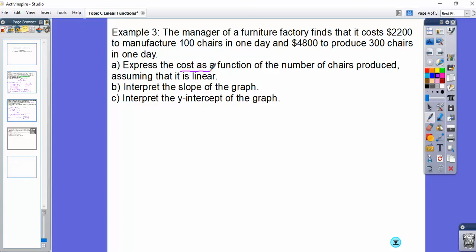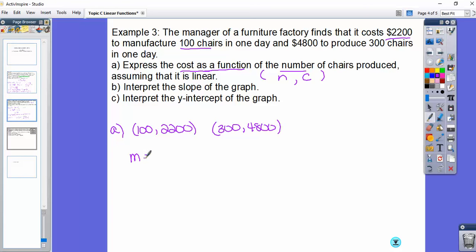So cost as a function, that means the cost is my y, and the number of chairs would be my x. So it costs $2,200 to make 100 chairs. It costs $4,800 to make 300 chairs.